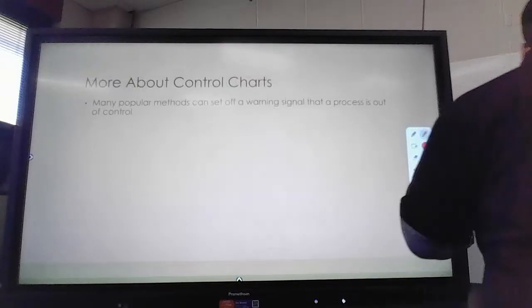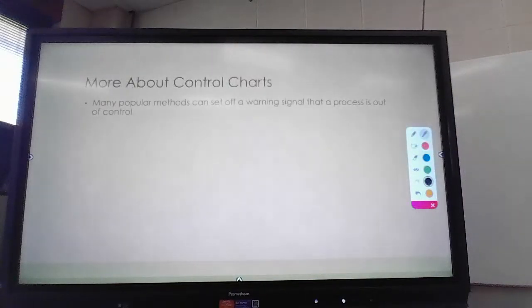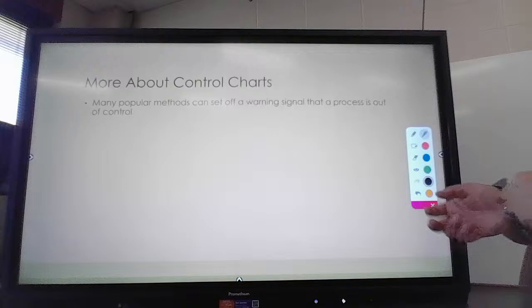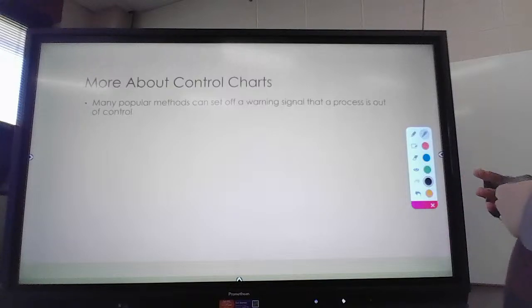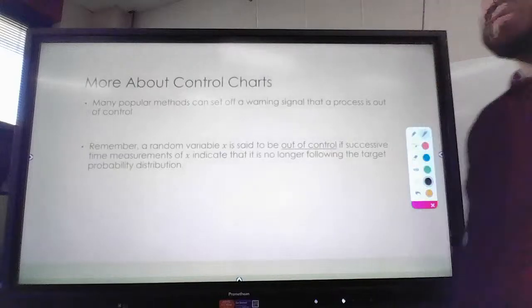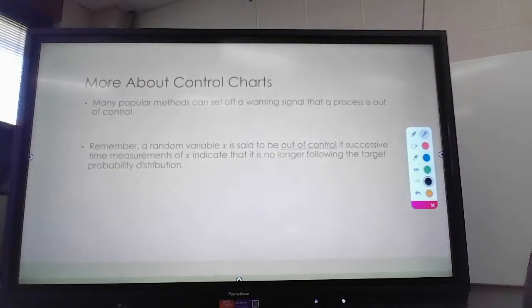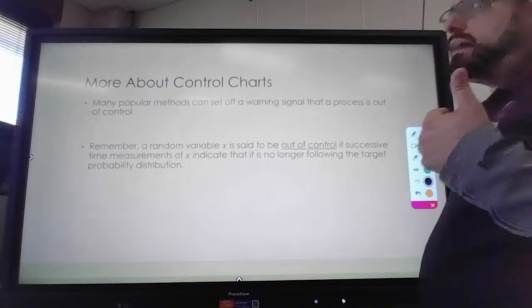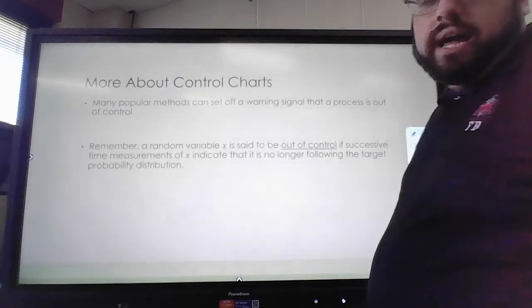Now, although sometimes it can be hard to really determine when something is in control or out of control, we can come up with methods that set off what are called warning signals that a process might be out of control. So if it's not following the probability distribution, it may be characterized by a few things.